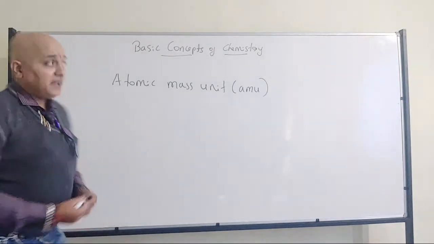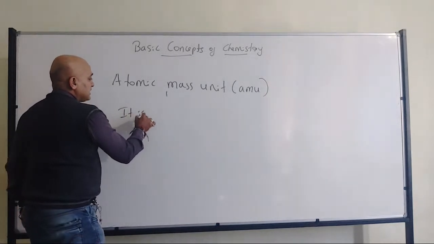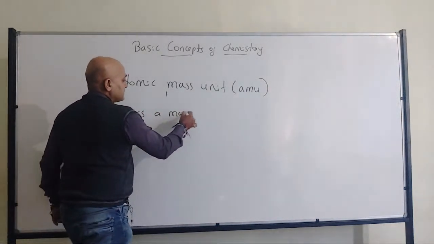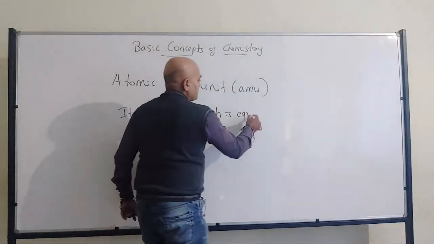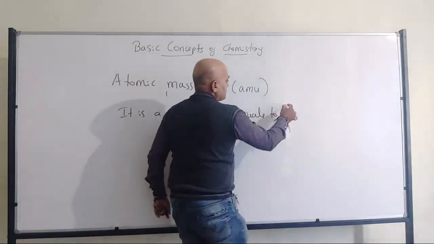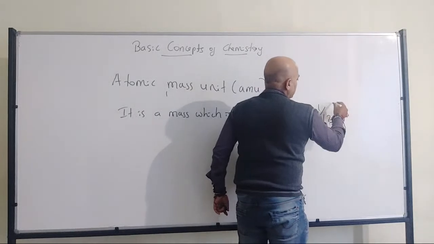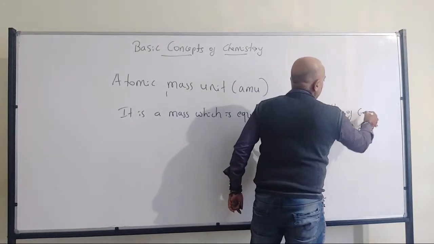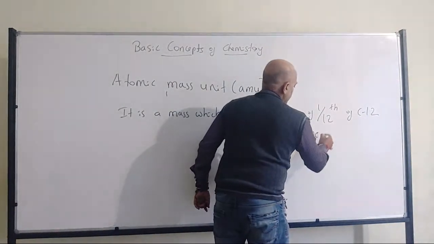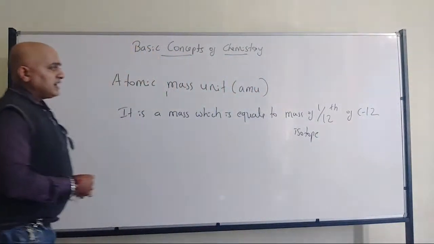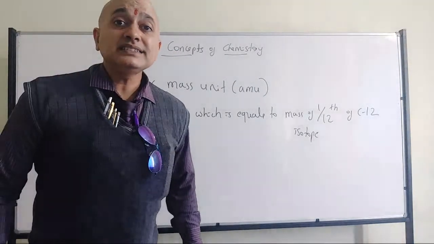Answer. Okay. So atomic mass unit is nothing but it is a mass which is equal to the mass of 1/12th of carbon 12 isotope. Okay, 1/12th of carbon 12 isotope, that is AMU.